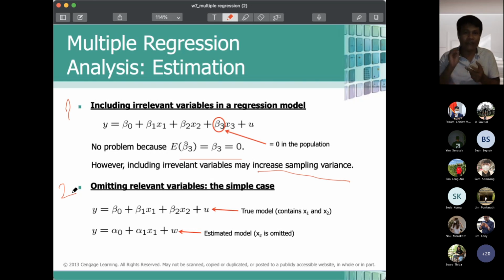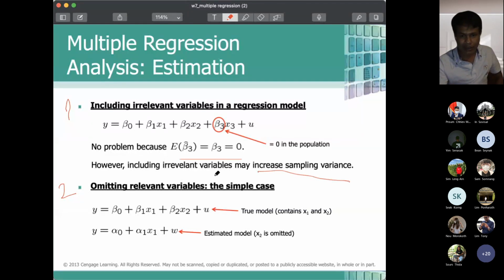When we say there is endogeneity or omitted variable bias, it means that the zero conditional mean assumption is violated, so you cannot make causal interpretations.